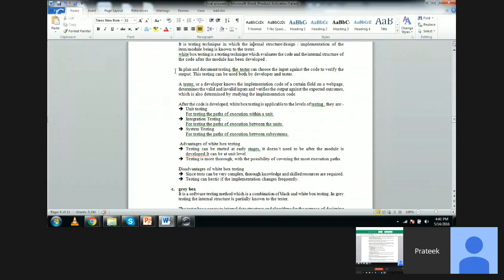I have to interrupt. In plan and document testing, the tester can choose the input against the code to verify the output. So I am writing in terms of plan and document testing. No, that is fine. But look at the other part of the question.